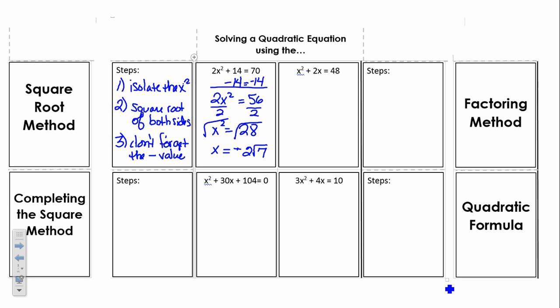So we want to make sure we put that plus or minus out in front. So we use the square root method when there is no x. There's no bx in here. We had a 2x squared and 2 constants, but no bx. Okay?